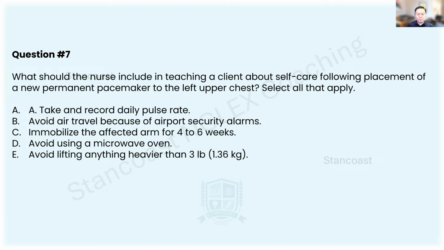A, take and record daily pulse rate; B, avoid air travel because of the airport security alarms; C, immobilize the affected arm for 4 to 6 weeks; D, avoid using a microwave oven; and E, avoid lifting anything heavier than 31 pounds or 1.36 kilos. It's a select all that apply.